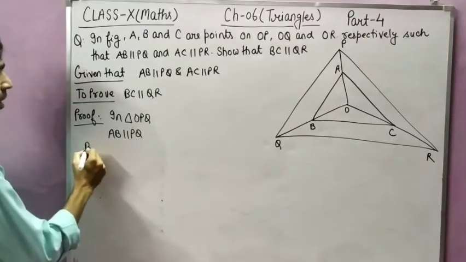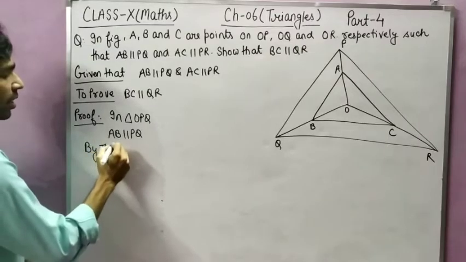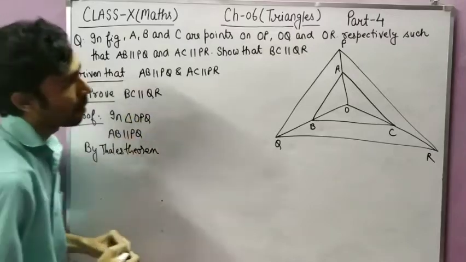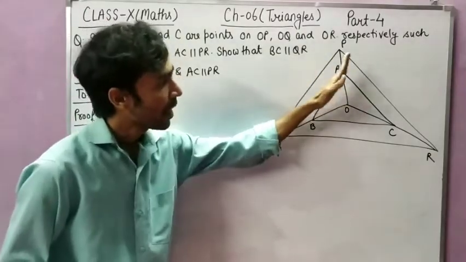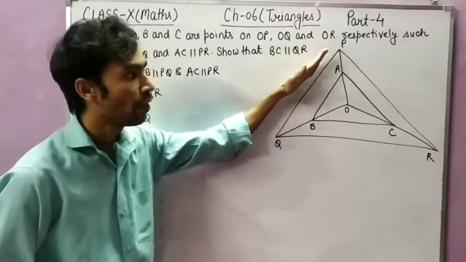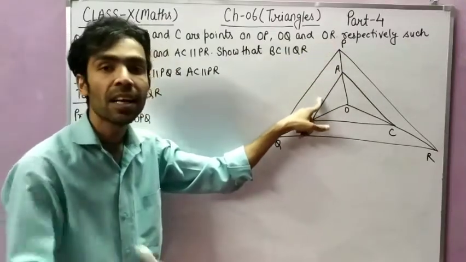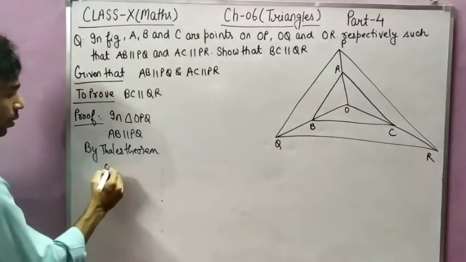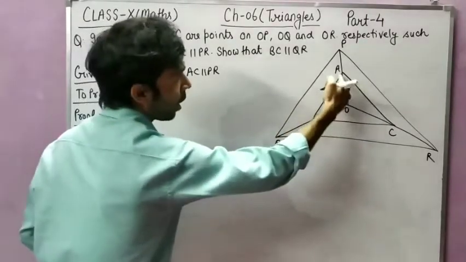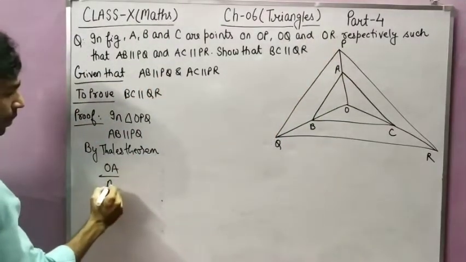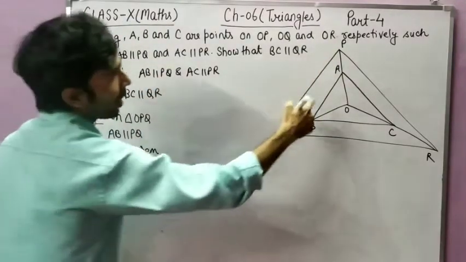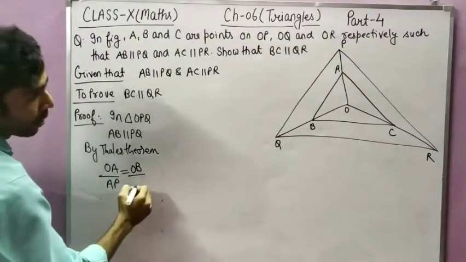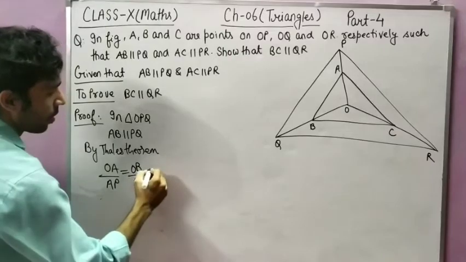So by Thales theorem, if a line is parallel to one side of the triangle, then this line will divide the other two sides in the same ratio. So what can we write? OA upon AP is equal to OB upon BQ. First equation.